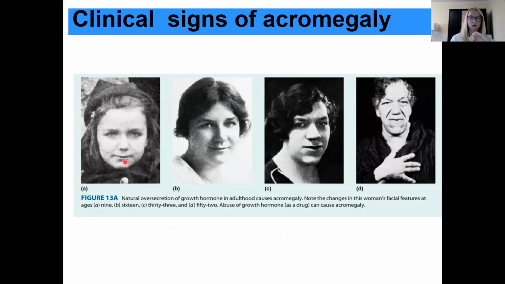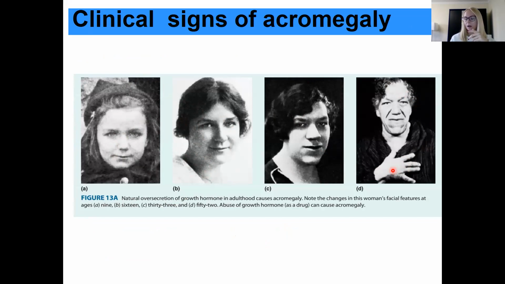So here you have a picture of a woman who suffers from acromegaly. If you look at the first two pictures, when she was a little girl and young woman, she didn't have any symptoms of acromegaly, but in her adult years, her jaw started to overgrow, and her fingers and hands also started to overgrow.